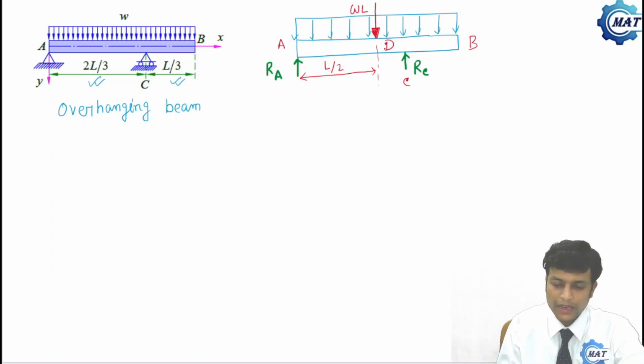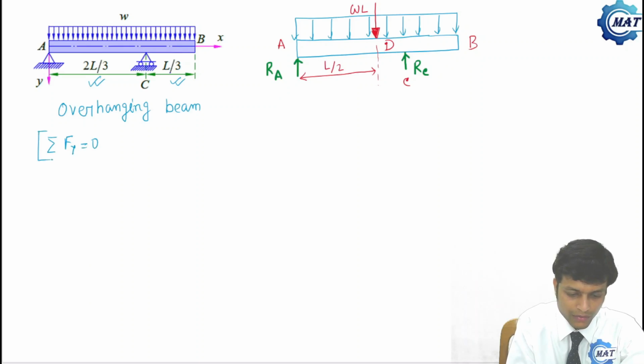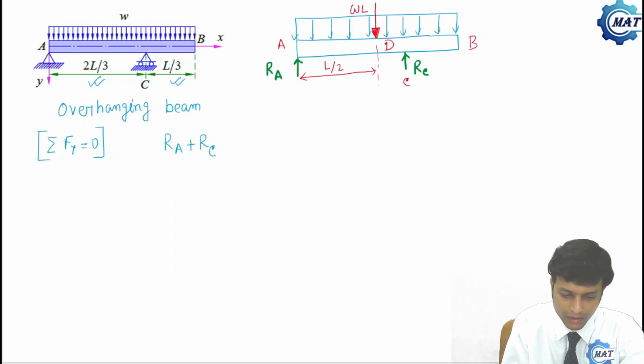Now, if we apply equations of statics, first let us apply summation of Fy is 0. Then RA plus RB, this reaction is at C, so RC, minus WL is 0.